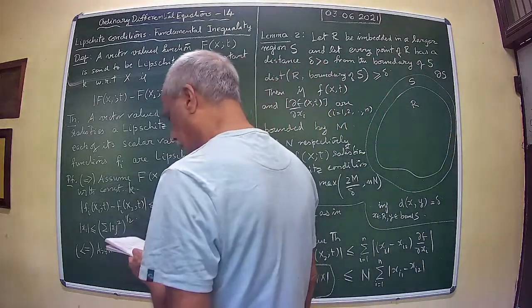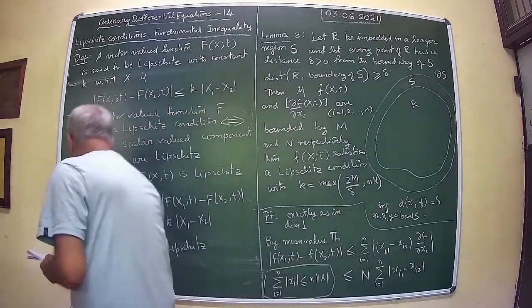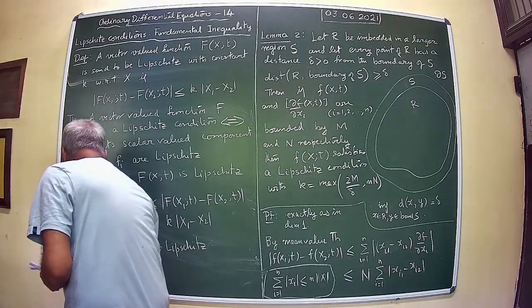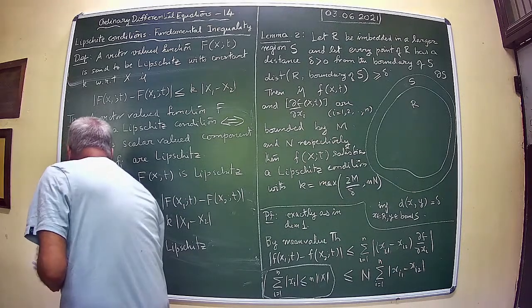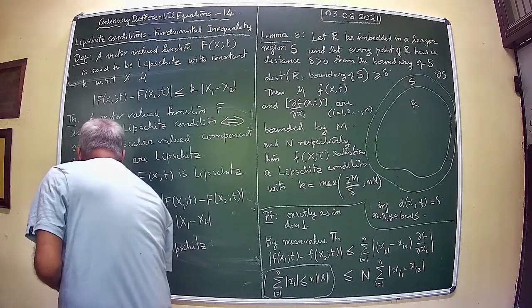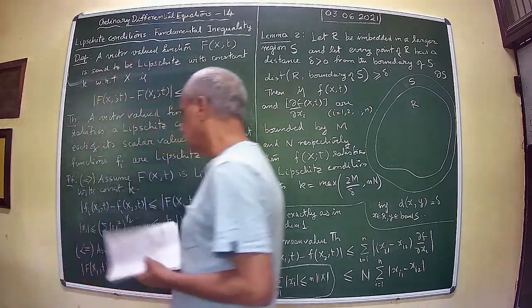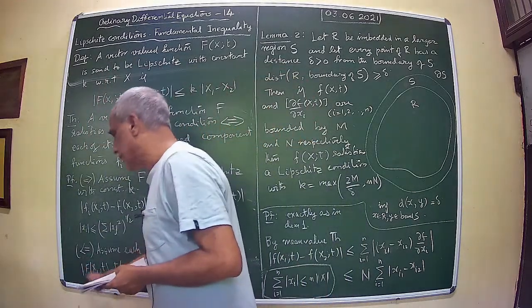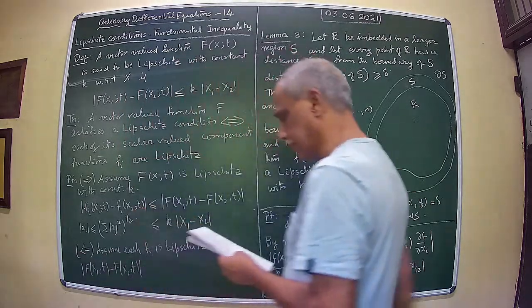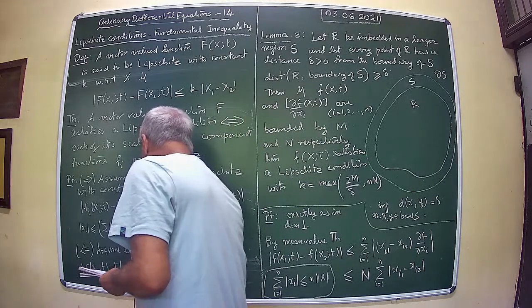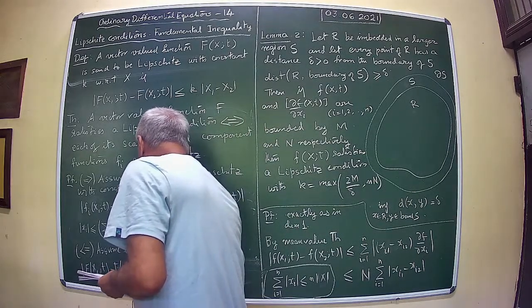Now we have to compute this. What is inside the norm is a vector, and this you know is essentially the sum over i equal to 1 to n.